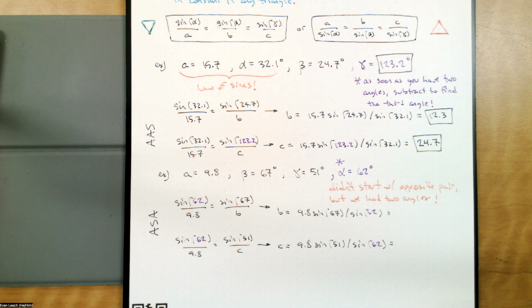Law of sines wants an opposing pair to make one whole fraction. If you have two angles, that's just as good as three angles, because all we have to do is subtract. Is everybody okay?